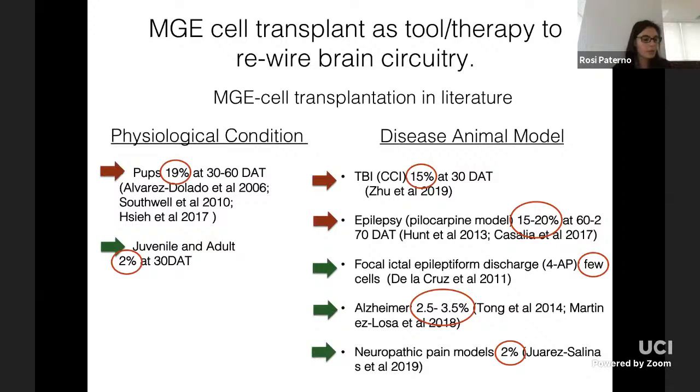In particular, where we have an increased survival rate and increased migration, all are underlying circuits and recipients that have a hyperexcitable circuit. We are talking about the pilocarpine animal model, a TBI, a CCI, or a PAPS, and the P2, P4.